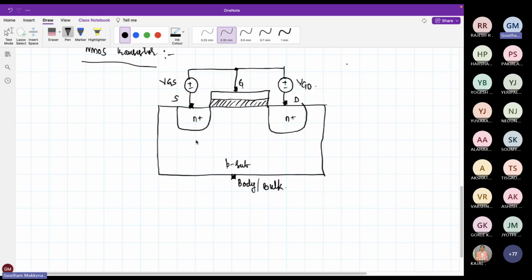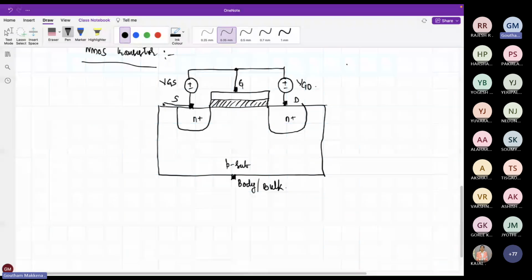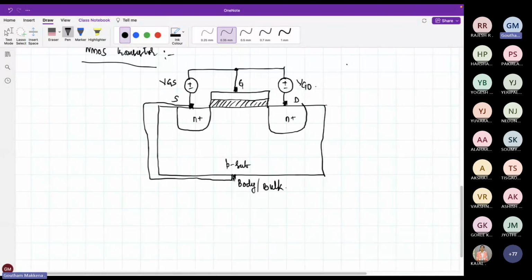In order to complete the circuit, I am connecting the source terminal to the bulk. So here, VGS is equivalent to what voltage in your MOS capacitor?